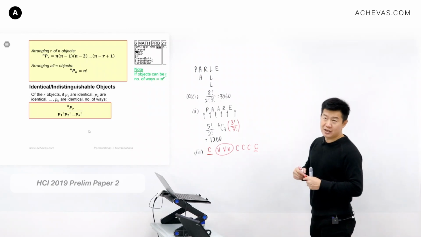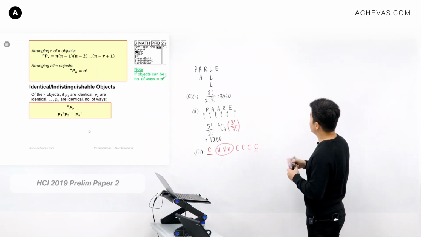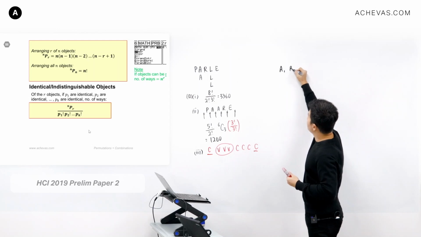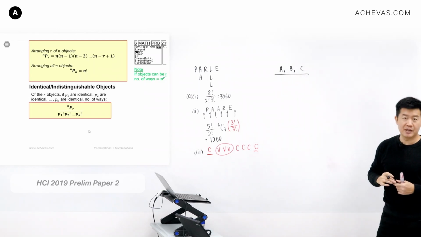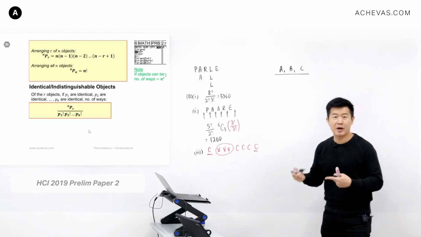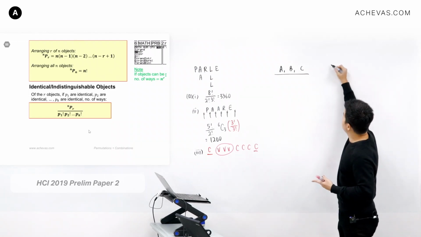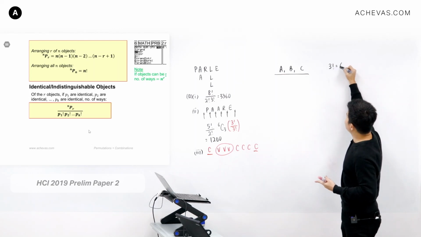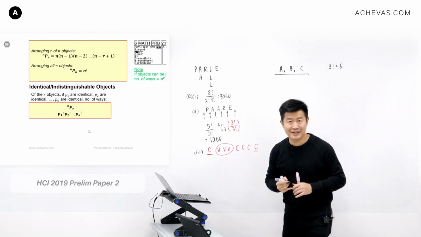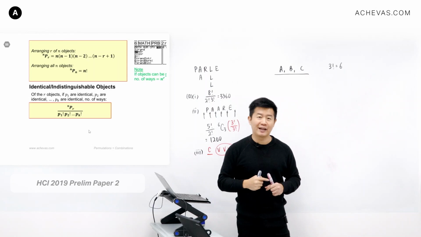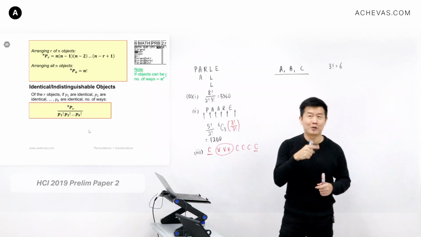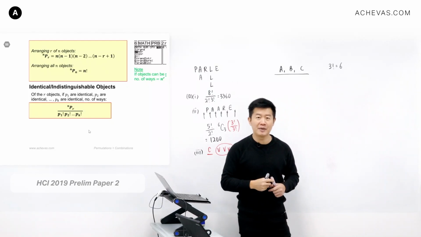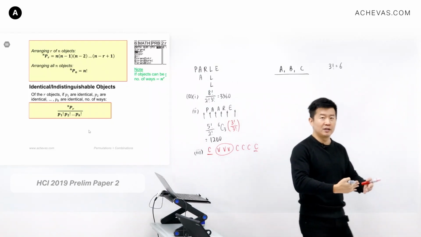If I have 3 distinct objects, for example A, B, C, how many ways can I arrange A, B, C? If I were to use permutation, this is 3 factorial. This gives me 6. This is extremely fast. What is another way that I can count the number of ways I can arrange A, B, C? I will list down the different cases.